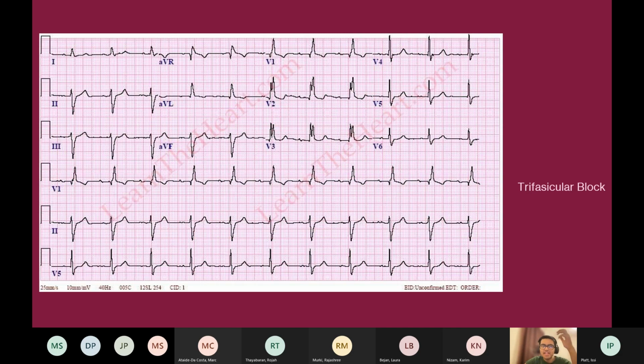The important thing is, can you tell that there's axis deviation? And if you can recognize that there is a bundle branch block, those are your two key learning points in this ECG. It doesn't matter if you didn't get the trifascicular block, but those two things are really important in ECGs generally. The third important thing is always be systematic.